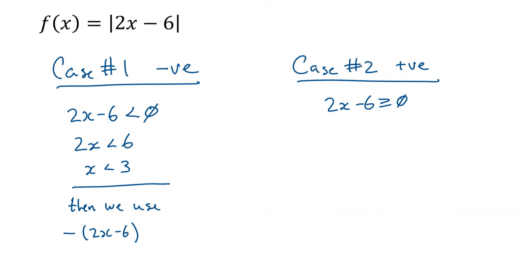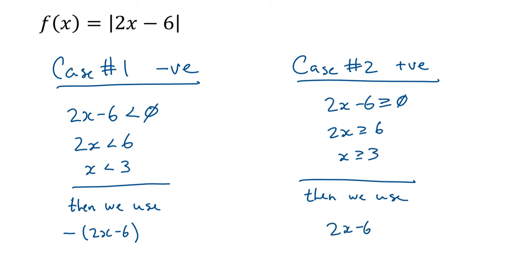We'll talk about this more. It does have to be there. So that's when 2x is greater than or equal to 6. Getting ahead of myself: when x is greater than or equal to 3, then we use just 2x minus 6. We just leave it alone.